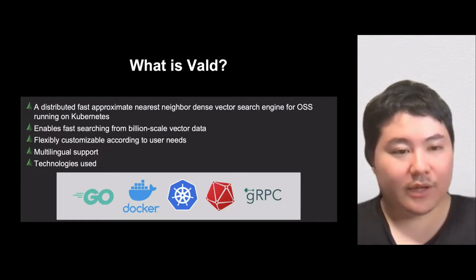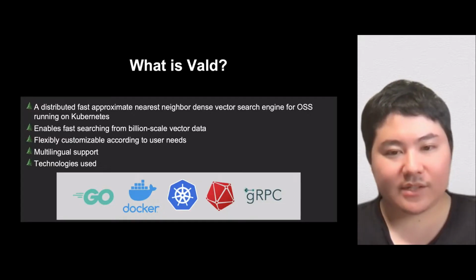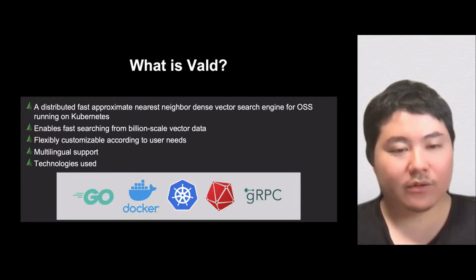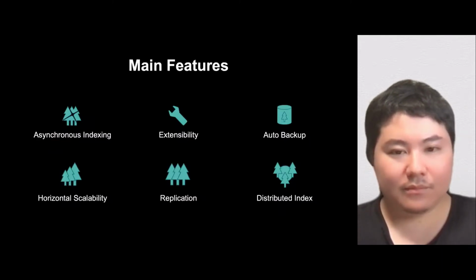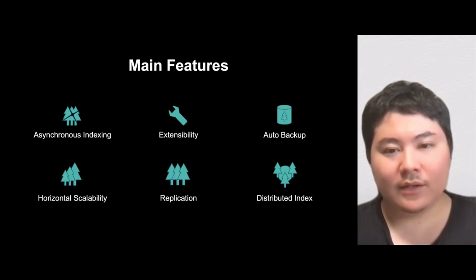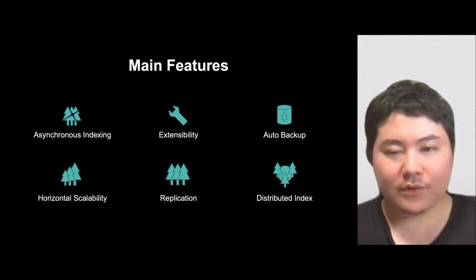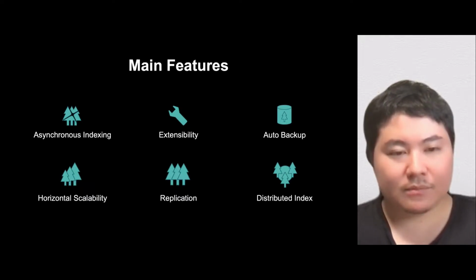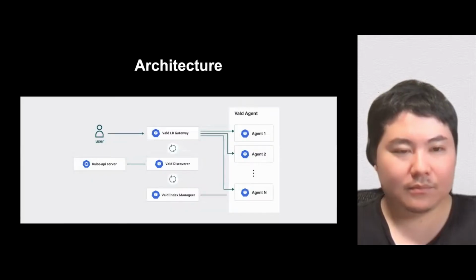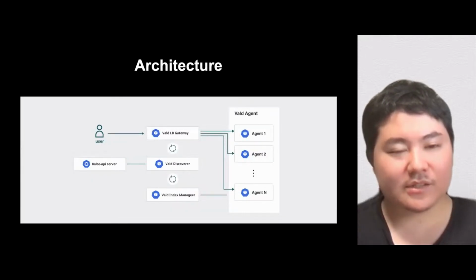Using gRPC, it's possible to connect from many different languages. Vald is developed using the Go language and uses Docker and Kubernetes technology. NGT is used as a core library. Key features, shown on the screen, include asynchronous indexing all the way to vector data replication.